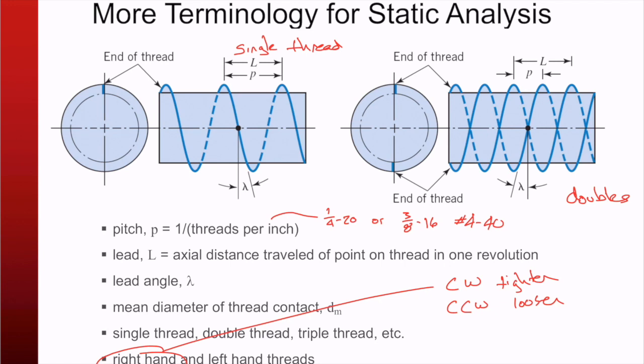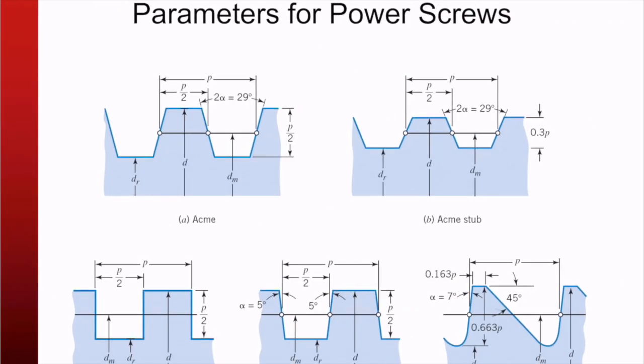And so in this case, the lead is twice what the pitch is, because if I just go from thread tip to thread tip, that's the pitch, but one full revolution goes the full lead. So that's a subtle difference there.